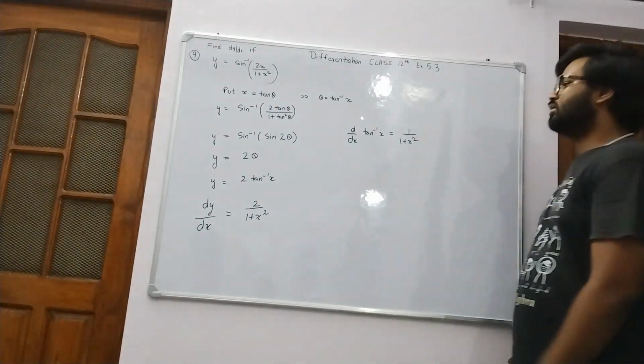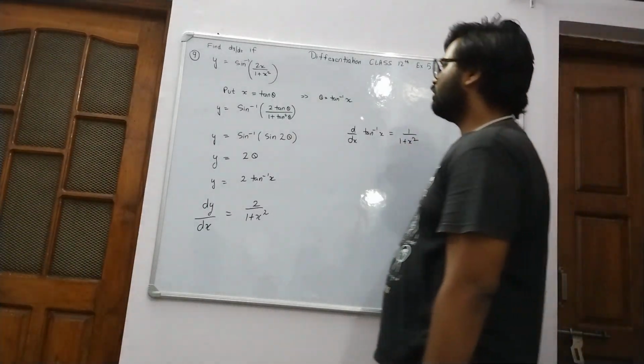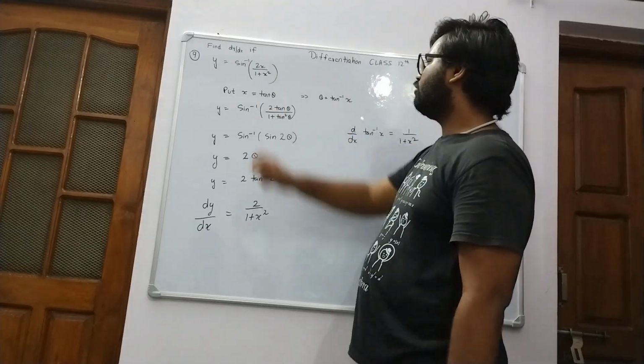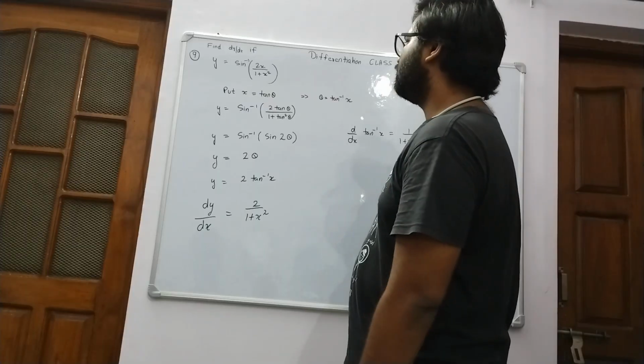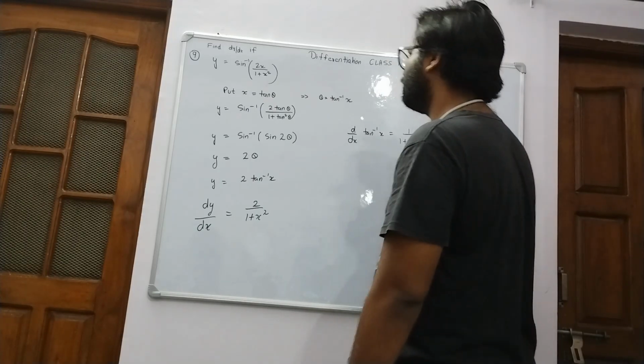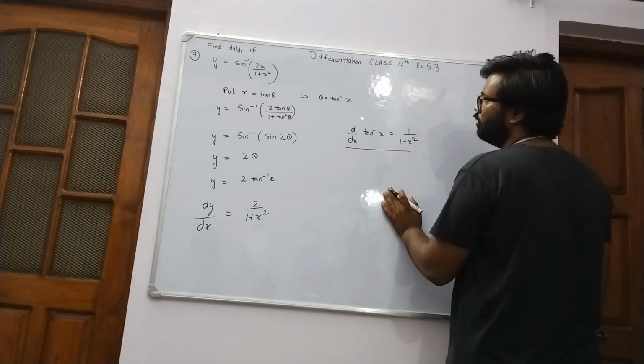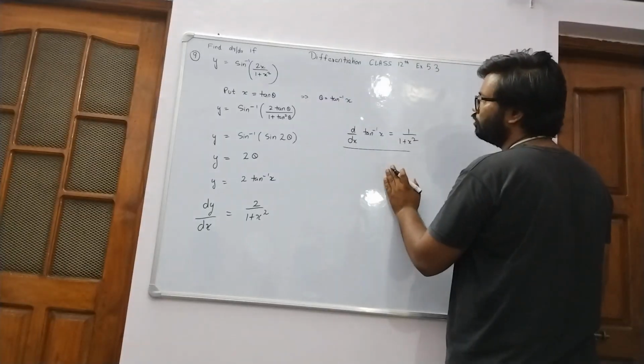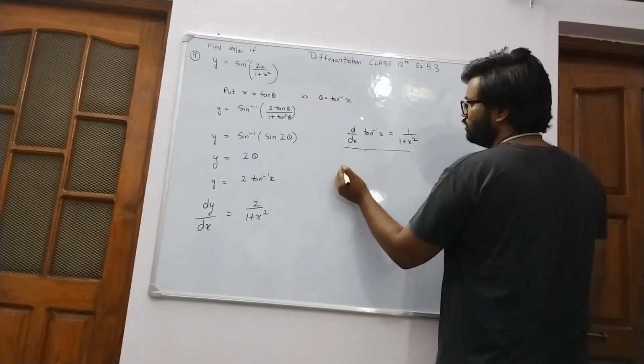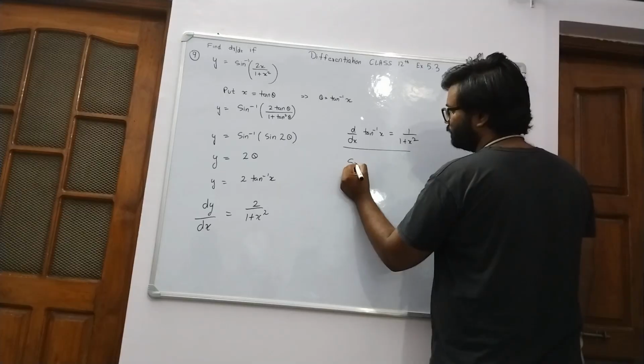Now the question arises, how did I come to the conclusion that we have to put x is equal to tan theta and not any other trigonometric function? So first, in class 11 there were several formulas which we were told to learn or to understand. One of those formulas is sine 2 theta.